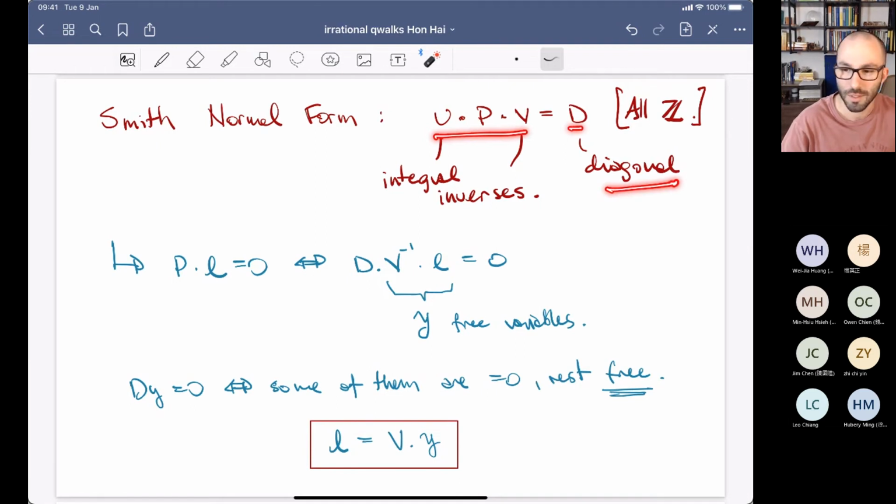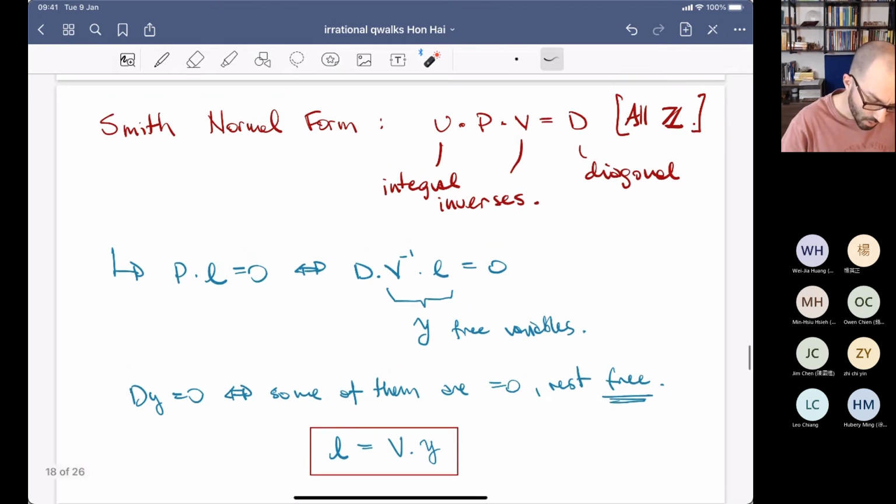This is possible. This is sort of like linear algebra magic. So if you have this sort of diagonalization of an integer matrix by integer matrices with integer inverses, you can now simply solve this with integer variables. And you can basically see what's going on there.